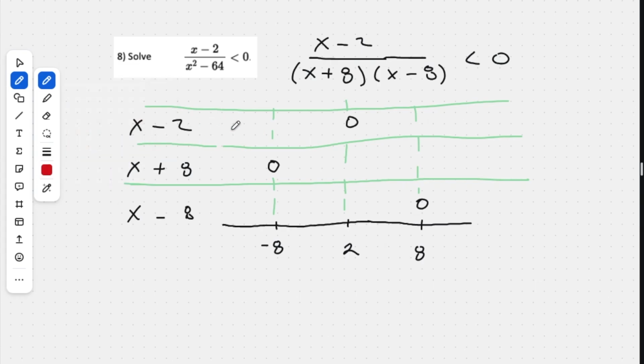So hopefully we're getting where you're starting to believe if I put -10 in, it's negative. If I put 1 in, it's still negative. If I put 3 in, it's positive. And then if I put 9 in, it's still positive. So again, negative to 0 to positive. So once we accept that, then filling in sign charts is really easy. It is just that simple.